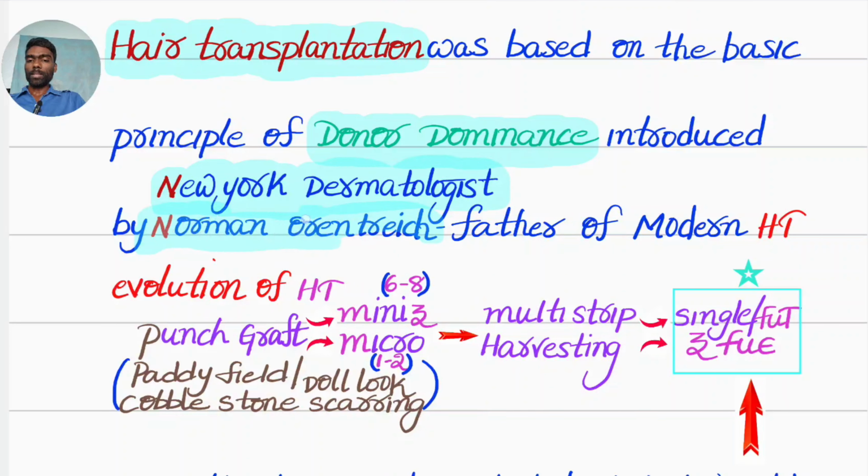He was considered the father of modern hair transplantation. What is this concept of donor dominance? As occipital hair is resistant to androgens, if we place it in bald areas, it will grow without getting influenced by androgens. This is called donor dominance.